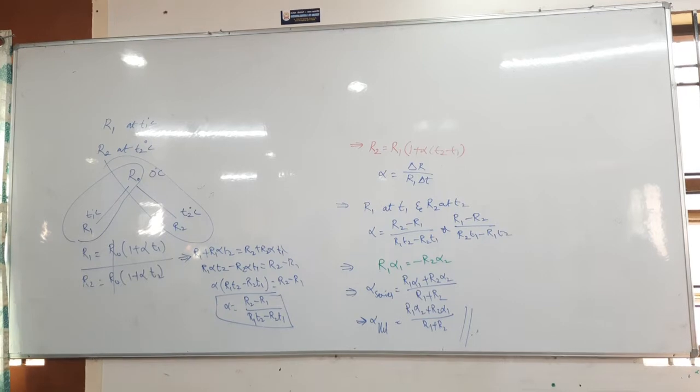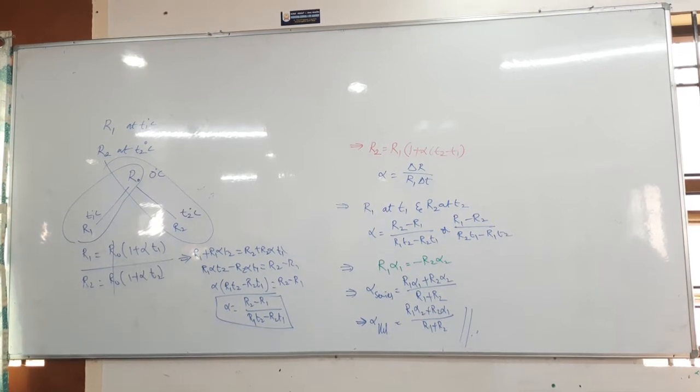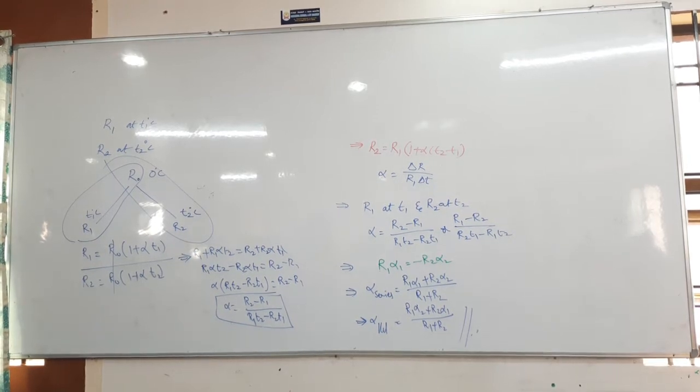Then find the temperature at which the increase in resistance of platinum wire is 10% of its value at 0 degree Celsius.